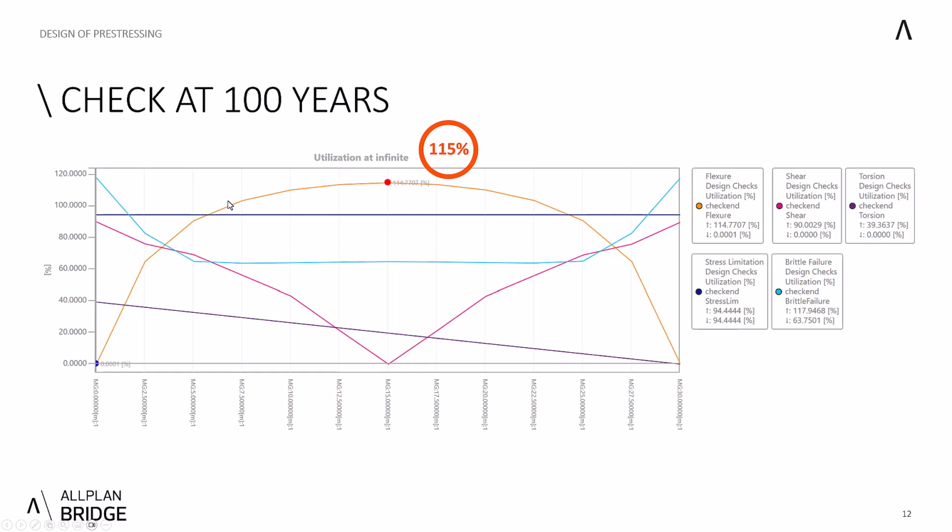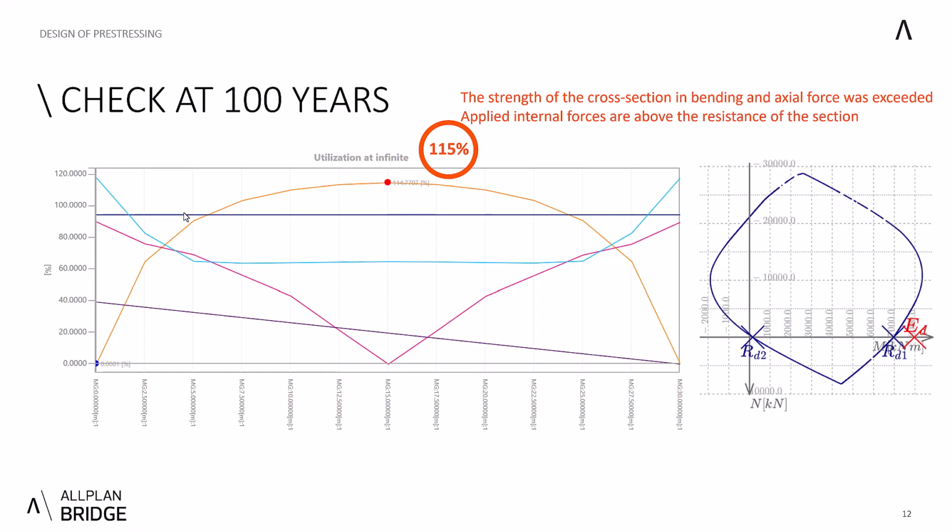As a result of pre-stressing losses, the compression in the cross-section drops and the check of the ultimate resistance in flexure fails. This can also be illustrated in the interaction diagram here. As a consequence, even the capacity to resist the interaction of all internal forces cannot be sufficient.